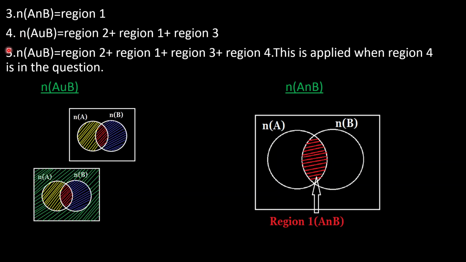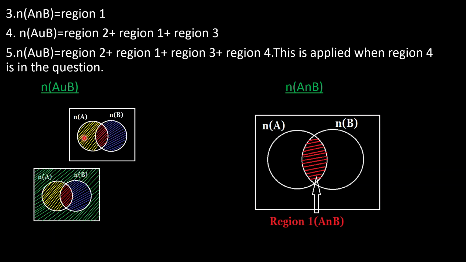So let's look at this diagram. Let's take number 4. The number of A union B equals region 2 plus region 1 plus region 3. So region 2 is the yellow color, region 1 is the red color, and region 3 is the purple color.